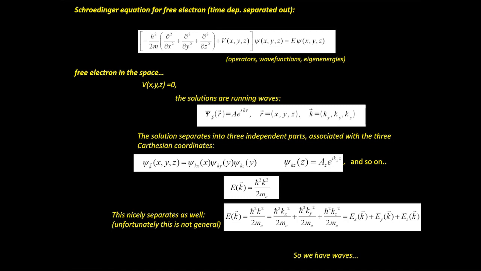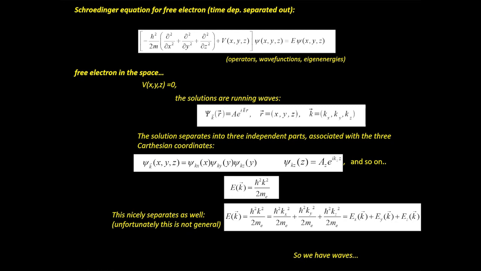Potential is just zero or constant, and the solutions are running waves. Again you have waves and a wave vector. With waves in space, because the time is separated out, waves seen in space are connected to certain periodicities. This is the wavelength. If you freeze a wave on the sea, you may measure its wavelength in space.